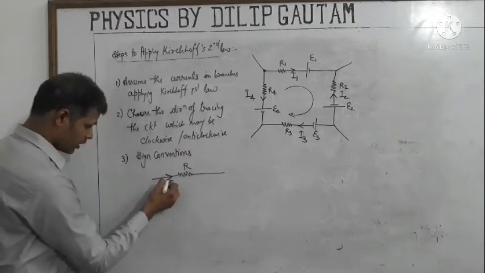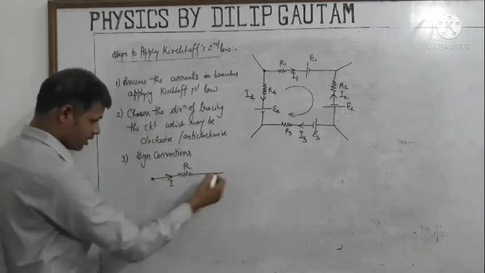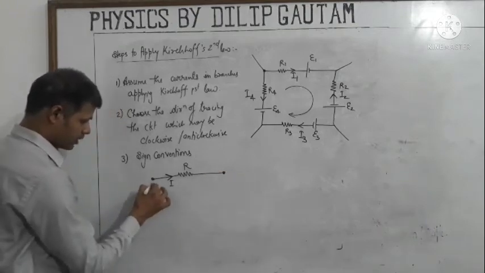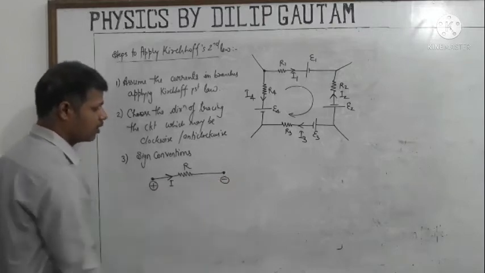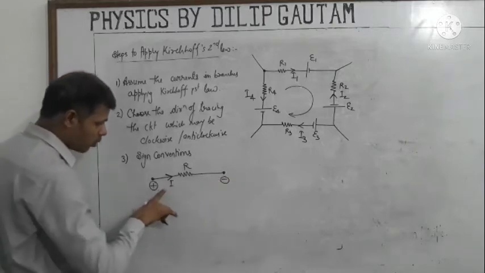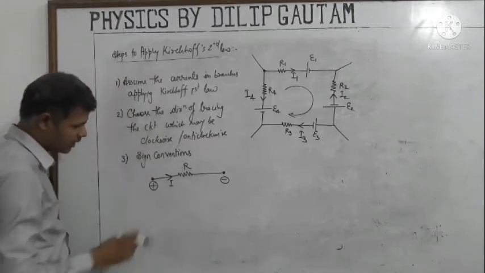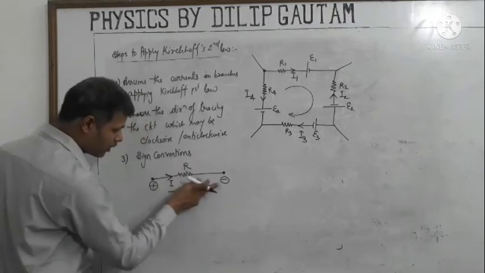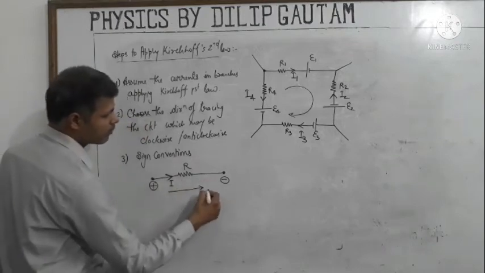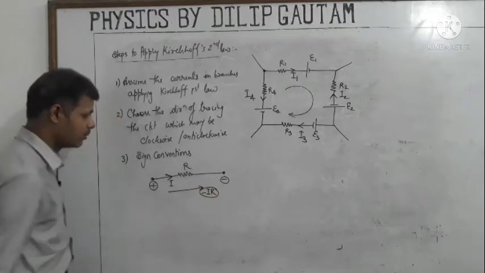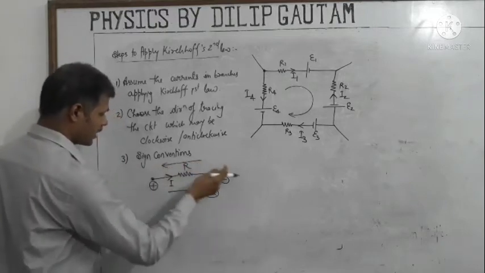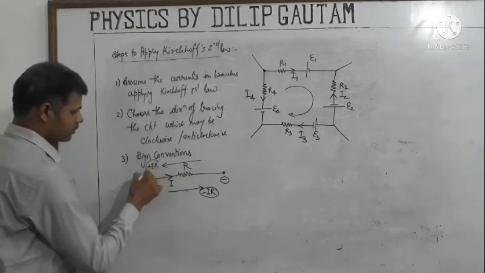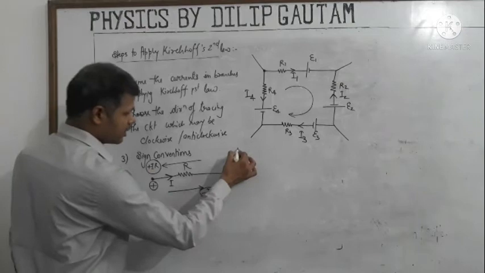So if current is flowing in this direction, this is the higher potential end and this is the lower potential end, or we can say this point is at positive potential with respect to this point. So when reading the voltage across this R, that is IR, if we are tracing in the direction of current, we are moving towards the negative terminal, so we write minus IR. At the same time, if we are moving from the negative towards the positive end, we write plus IR.